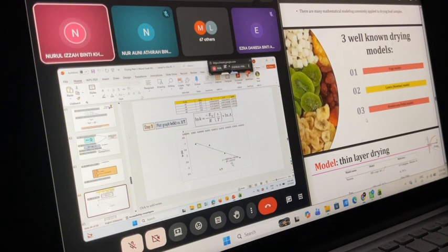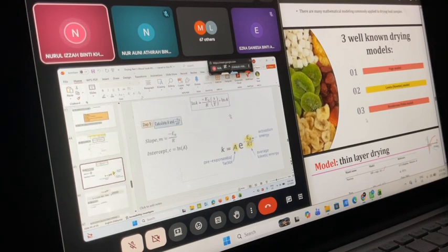From this graph, you will get the slope and also the intercept. You can see that the slope is negative Ea over R, and the intercept is ln A, so you get the value of each.